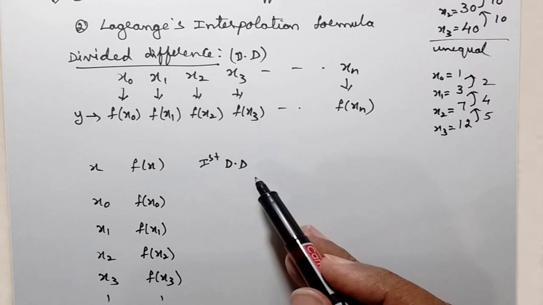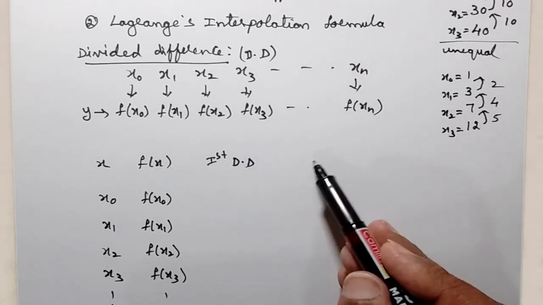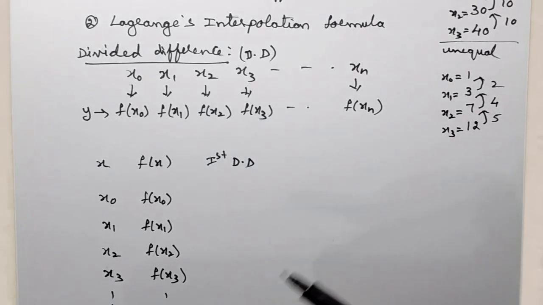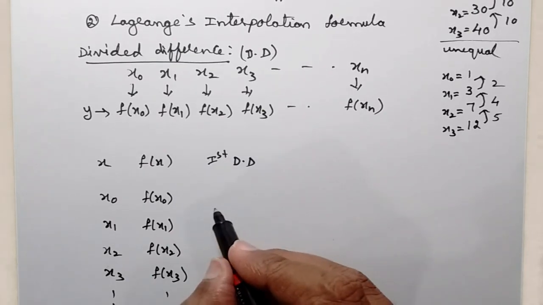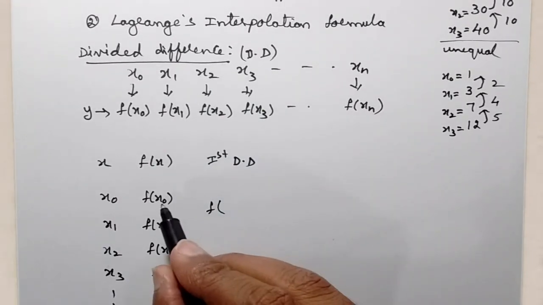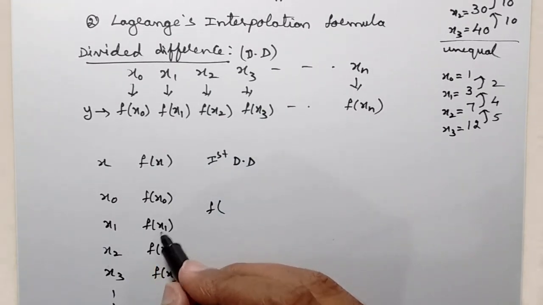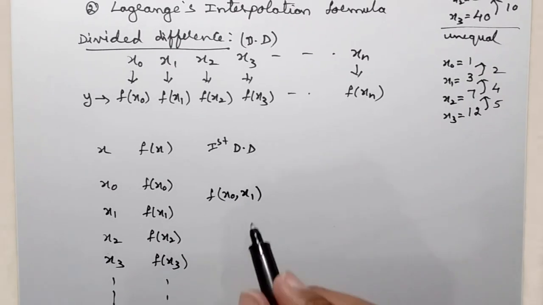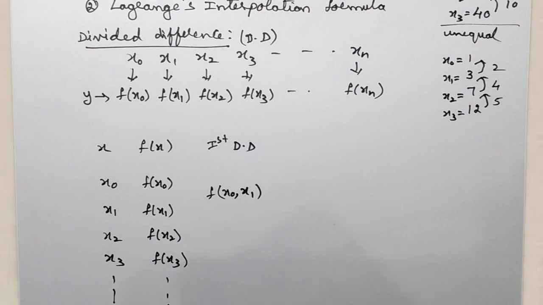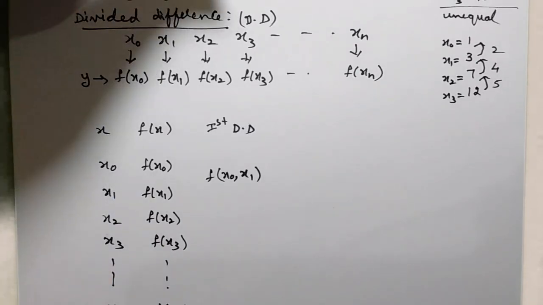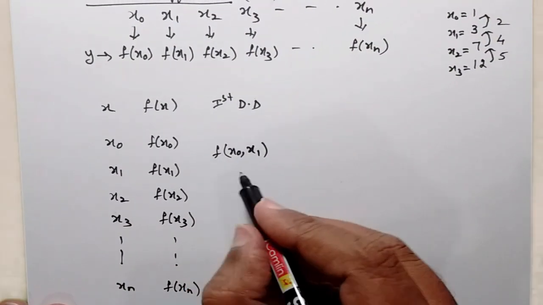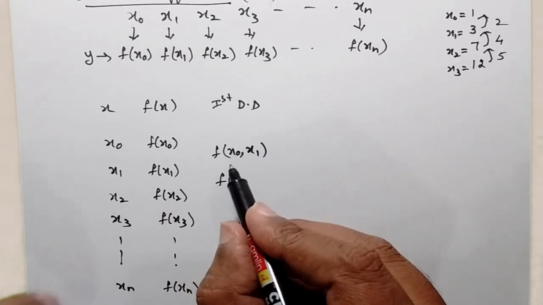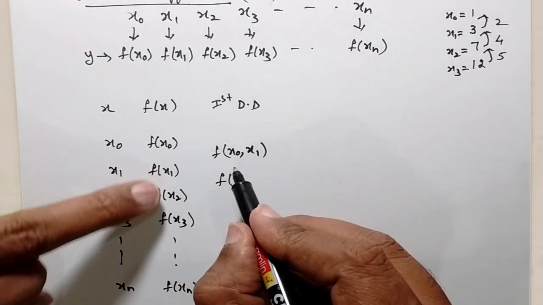Similarly here also we'll find the first divided difference, second divided difference, third divided difference, and so on. The first divided difference can be written in this form, f of x0, x1. So what does this represent? I'll show you at the end after the table. As of now I'm just preparing the table. So f of, you have the next set of values x1, x2.